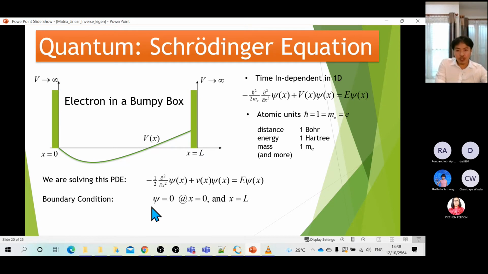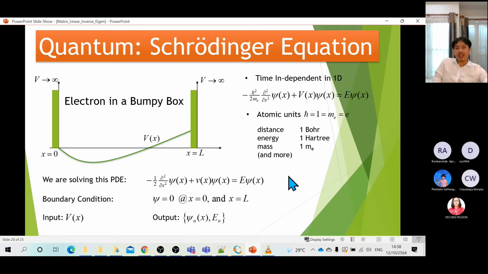What that means is that the function needs to be 0 here on the left, and on the right here should be 0. So that is what we call the boundary condition of this problem. For other problems, you have other kinds of conditions, but for this case, we have that condition here.